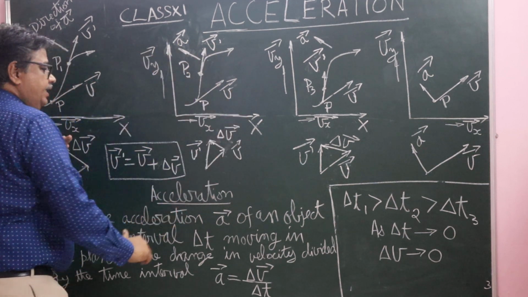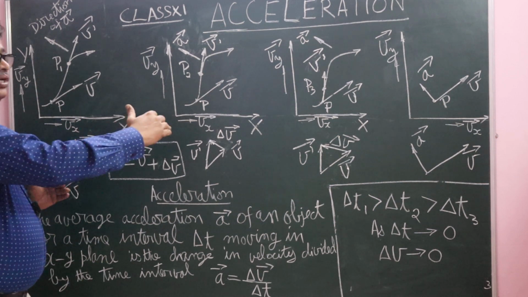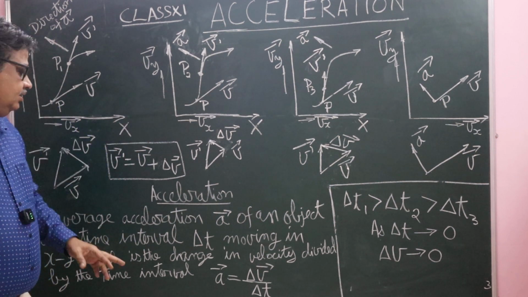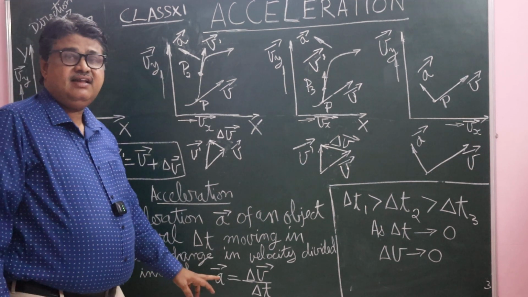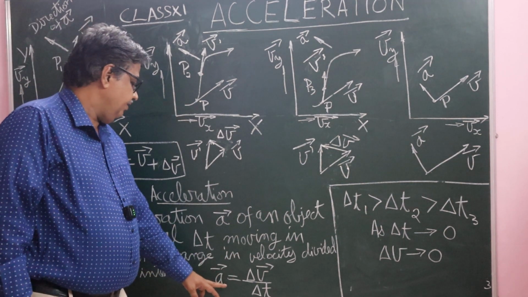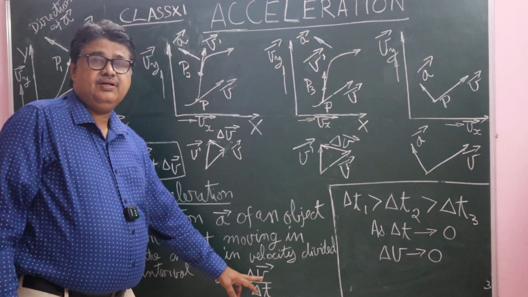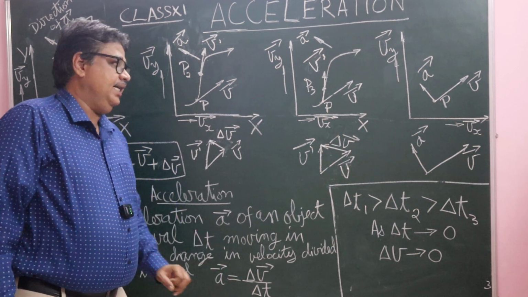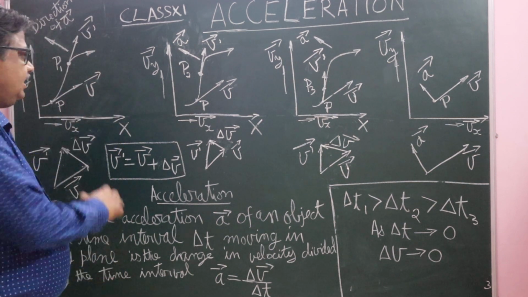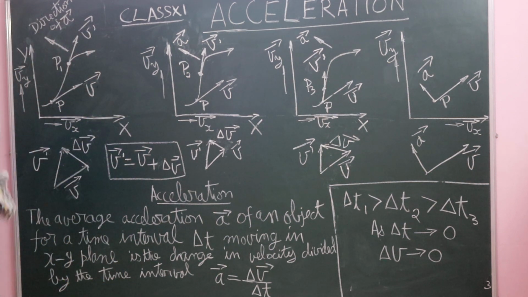So the change in velocity divided by the time interval is called the average acceleration. So average acceleration a vector equals del v vector, change in velocity, divided by del t, change in time.